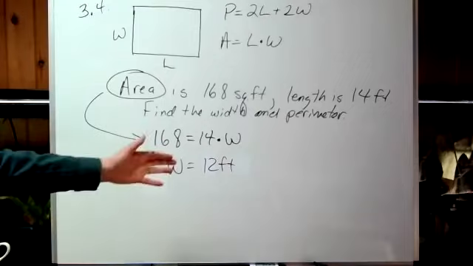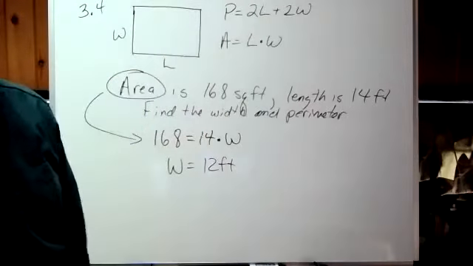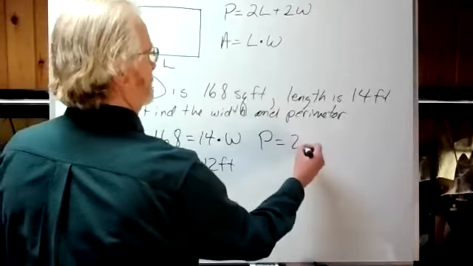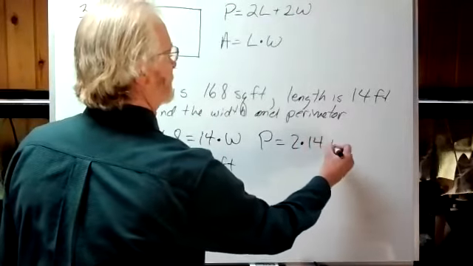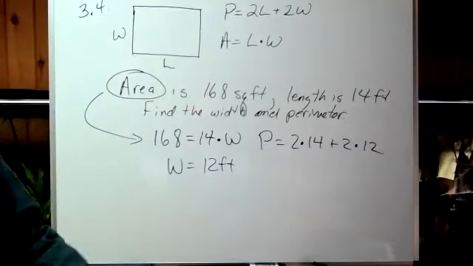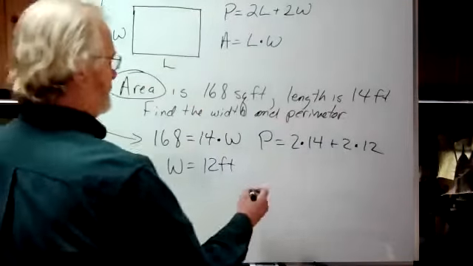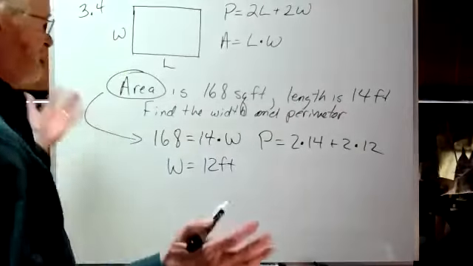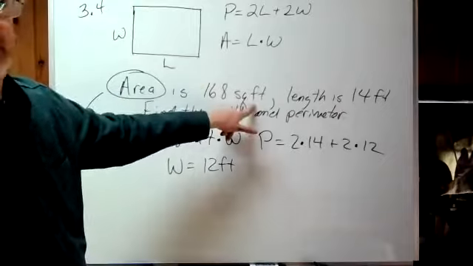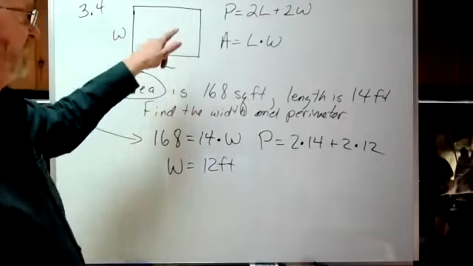So now I've got both dimensions. I can plug them into my perimeter and say, perimeter equals 2 times 14 plus 2 times 12. There you go, huh? Now, notice, the area was square feet, right? Little square, little square, little square.